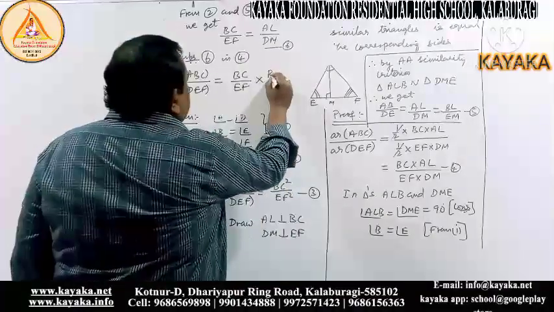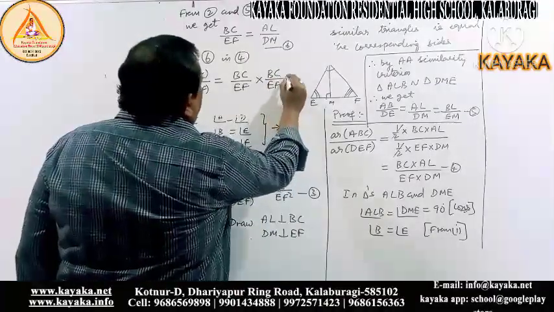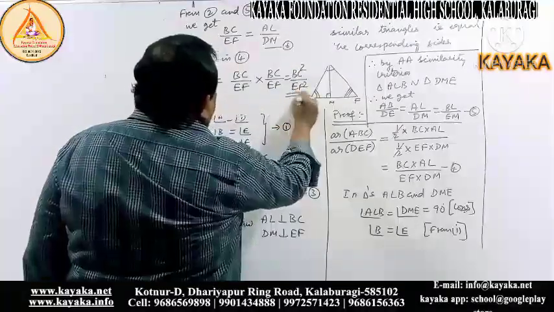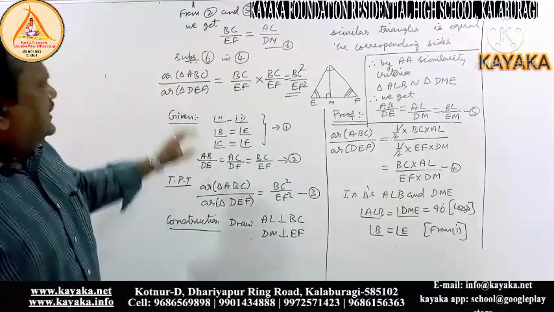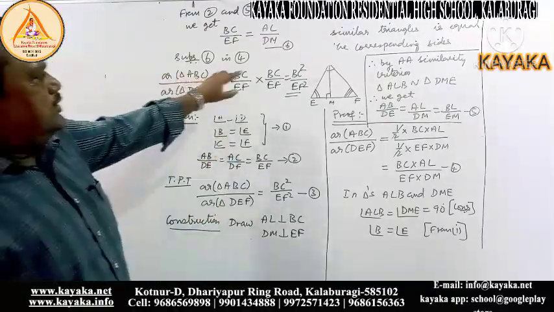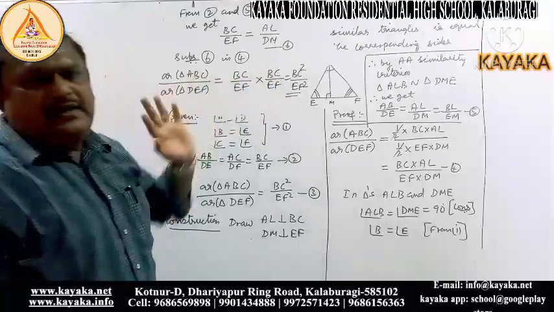We will get BC by EF into BC by EF, that will be equal to BC square divided by EF square. So that's the proof we want here: area of triangle ABC divided by area of triangle DEF equal to BC square divided by EF square.